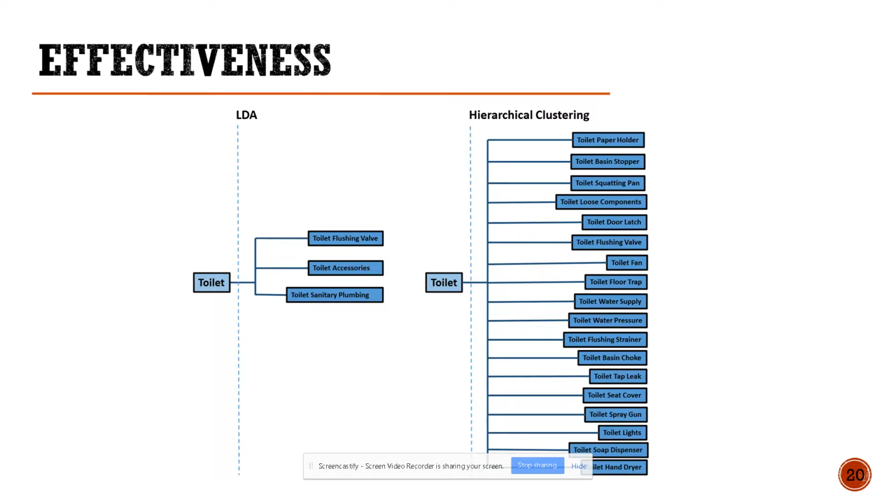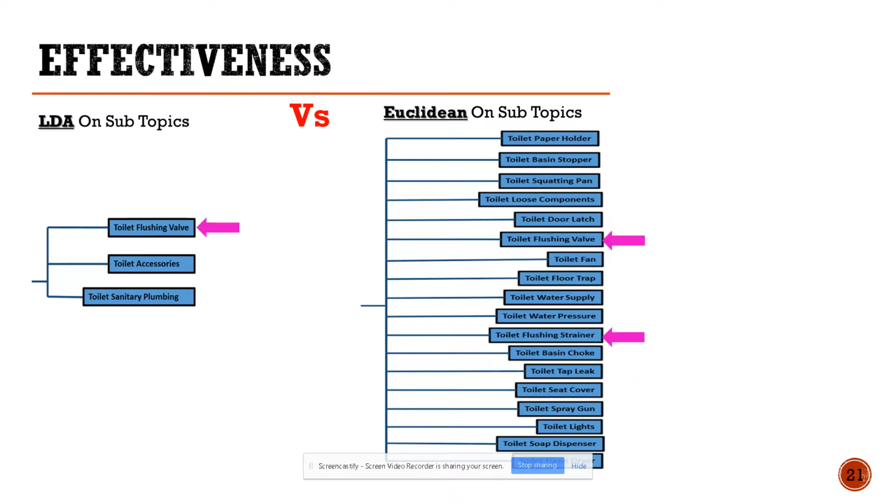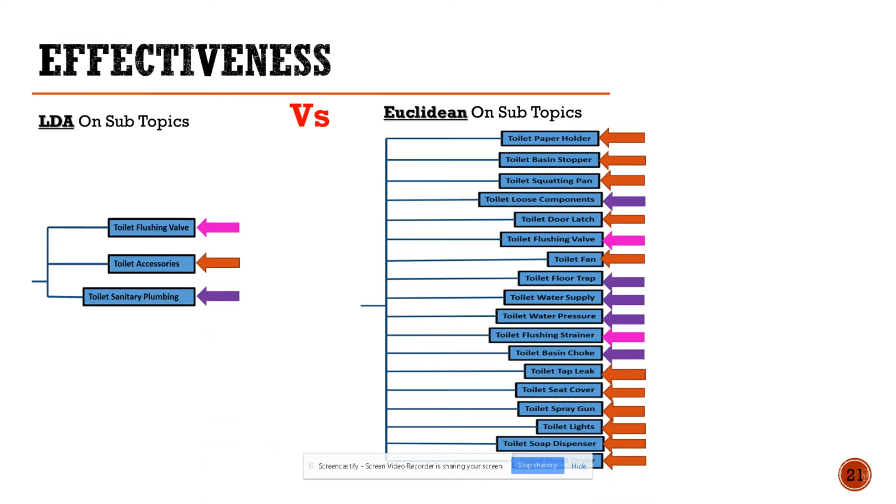As you can see, LDA produced a smaller set of subtopics. As a result, we went on to do an investigation and realized that some of the entries in the subtopic identified by LDA are actually labeled as a topic by themselves in Euclidean. This also means that Euclidean did a better job in the second stage by identifying the specific and detailed subtopics.